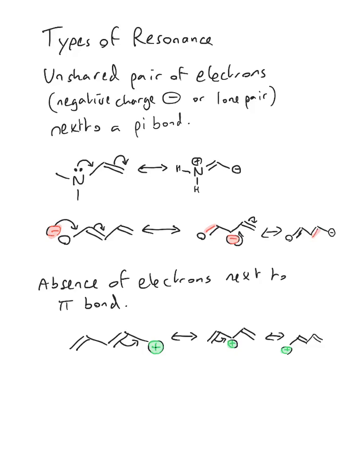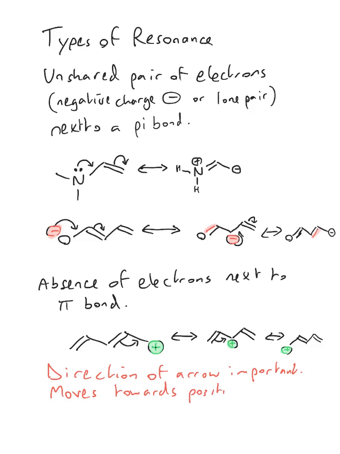So key point, direction of arrow, important, moves towards positive. Why is this? Well, because the arrow depicts the movement of electrons and there are no electrons in the absence of electrons, which is a positive charge.